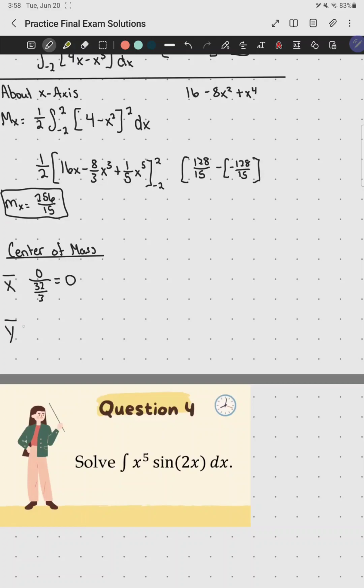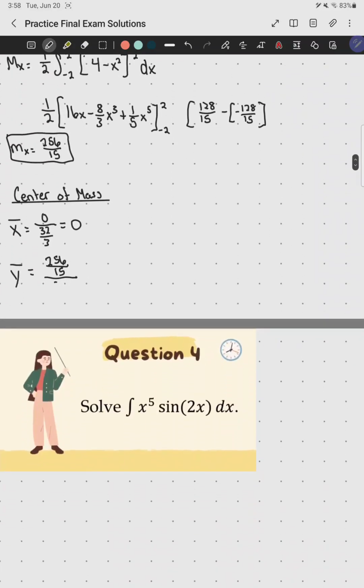Our y bar equals our Mx, which is 256 over 15, divided by our mass, which is 32 over 3. And if we do the math on that, we are left with 8 over 5 as our y bar. So our center of mass is 0, 8 over 5.